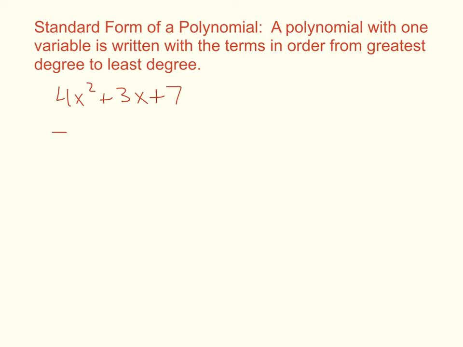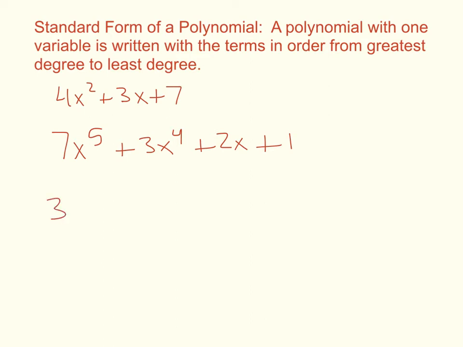So you could have 7x to the fifth plus 3x to the fourth plus 2x plus 1. Powers were 5, 4, 1, and 0. Remember, a constant has a degree of 0. So we have 5, 4, 2, 1, 0. That is in standard form.